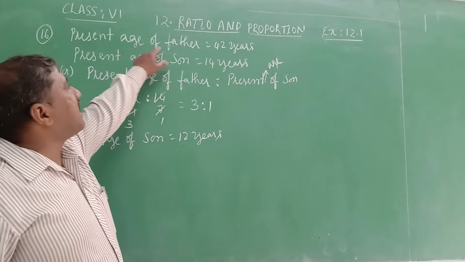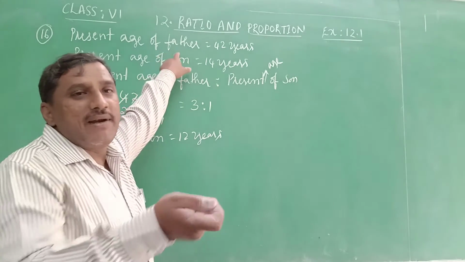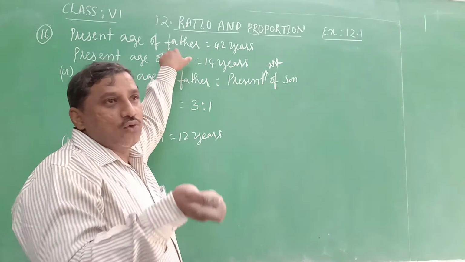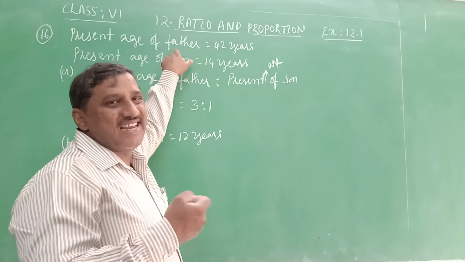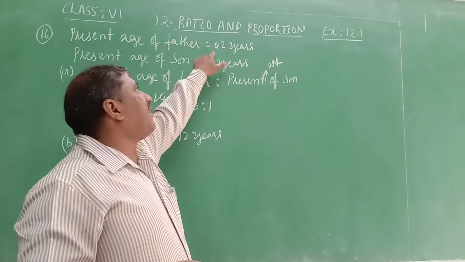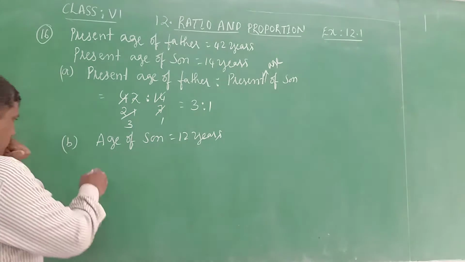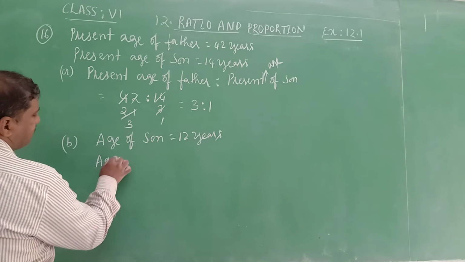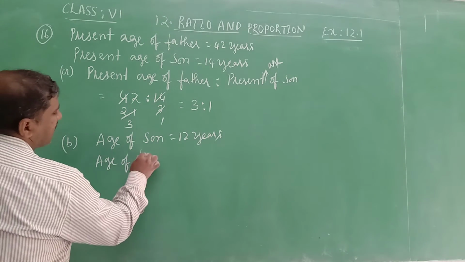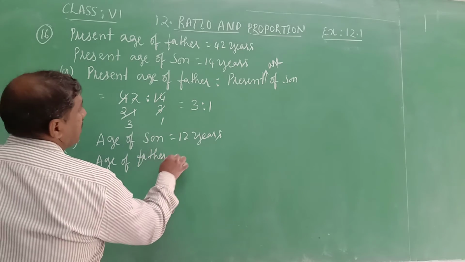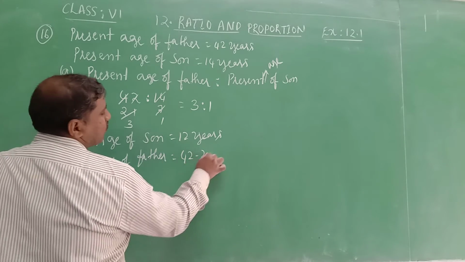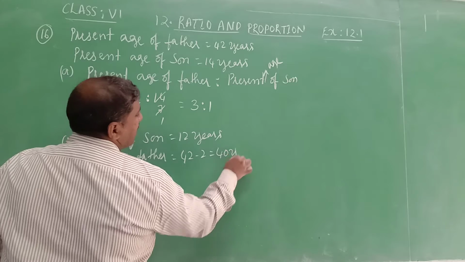Then the father's age will also be 2 years less, so we subtract. 42 minus 2 is 40. The age of father will be 40 years.